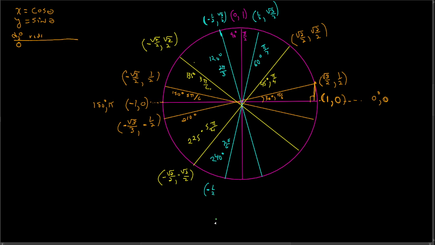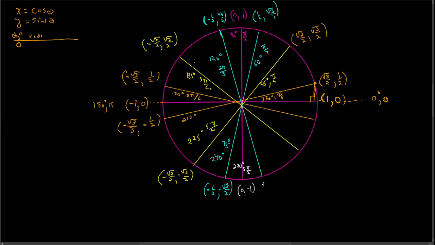Cosine is now negative 1/2, and sine is negative root 3 over 2. We get to here, and we're at 270 degrees, or 3 pi over 2. And our cosine is 0, and our sine is negative 1.